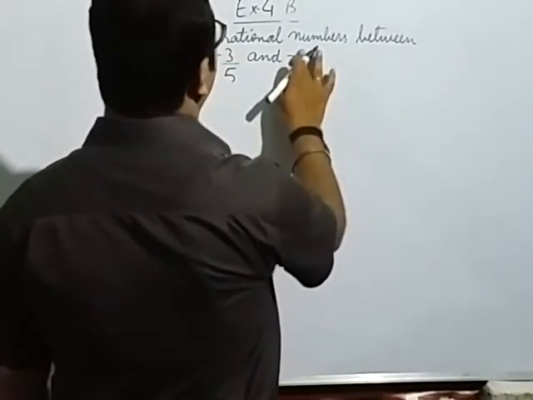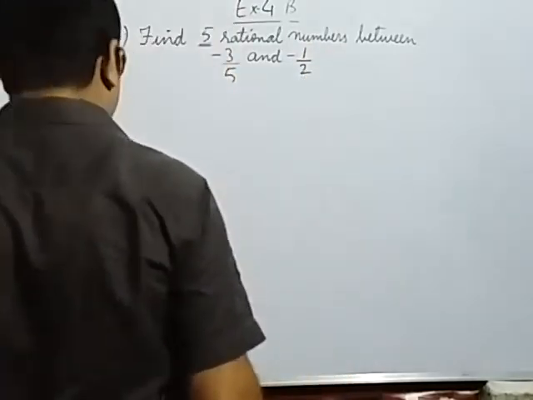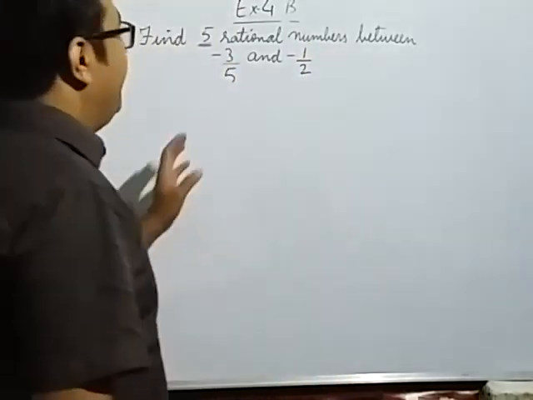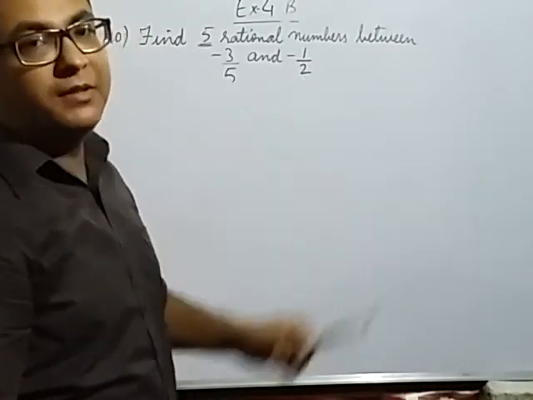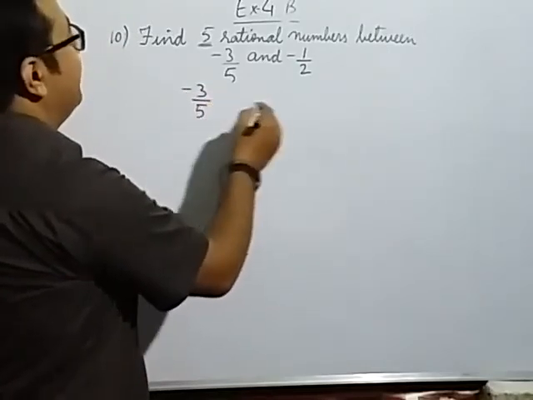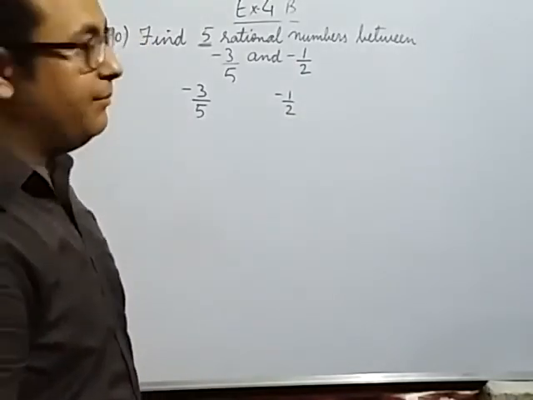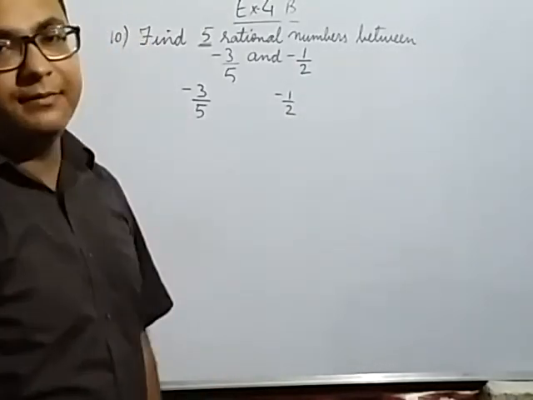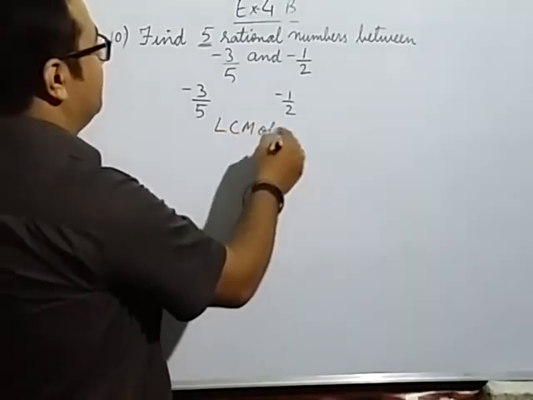Minus 3 upon 5 and minus 1 upon 2. Now let us see how to solve it. Here, as you can see, denominators of both the rational numbers are different. So whenever the denominators are different, we first make the denominators the same. How? By taking the LCM. LCM of 5 and 2 is 10.